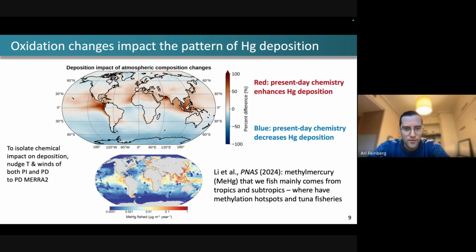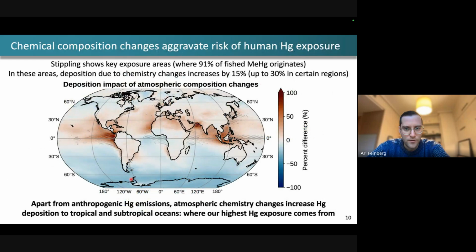And so if we combine these maps together, these gray stippled areas now show those key areas for methylmercury dietary inputs. Well, what I want to highlight here is that in these key methylmercury areas, the deposition increases in present day by around 15% and up to 30% in certain of these regions.